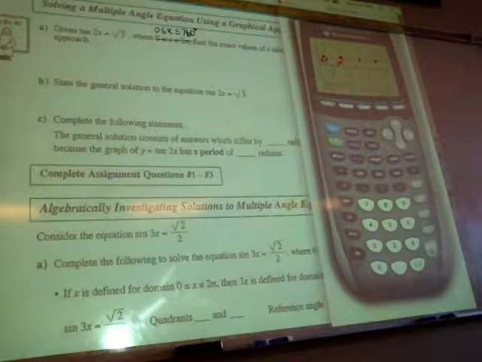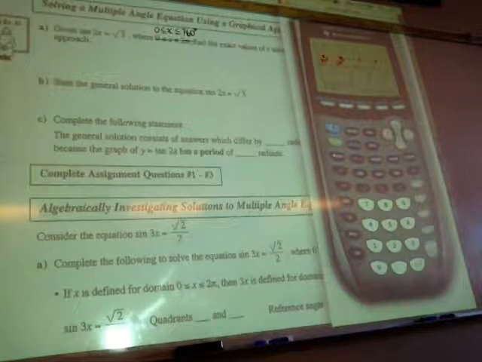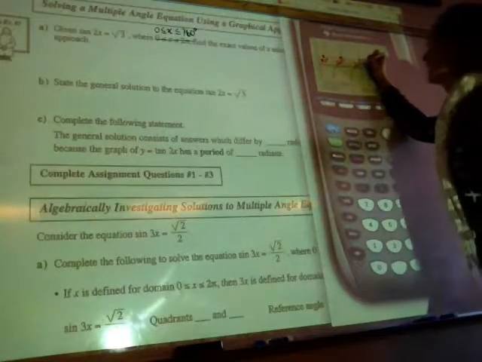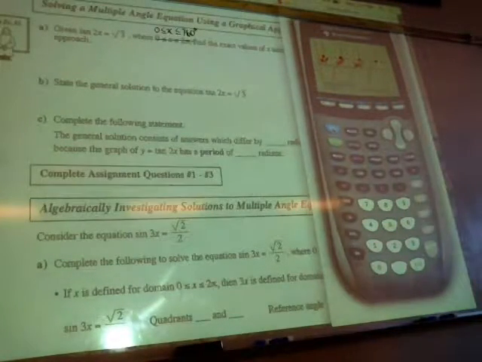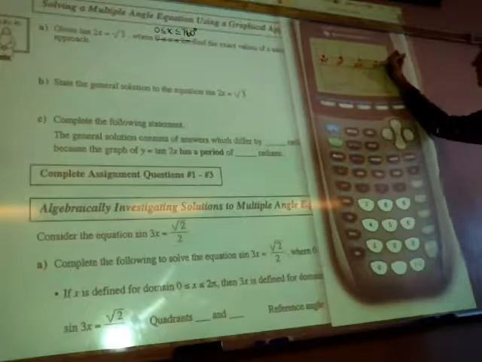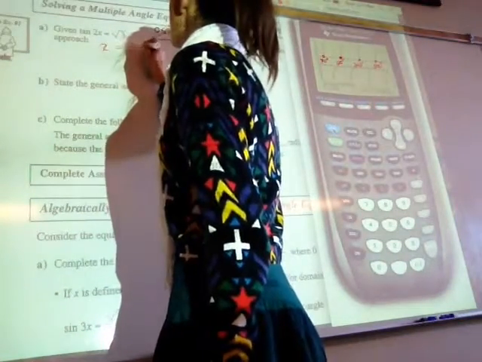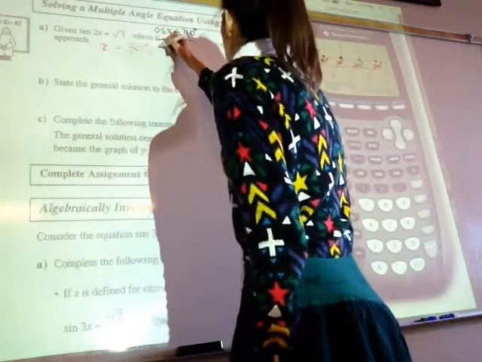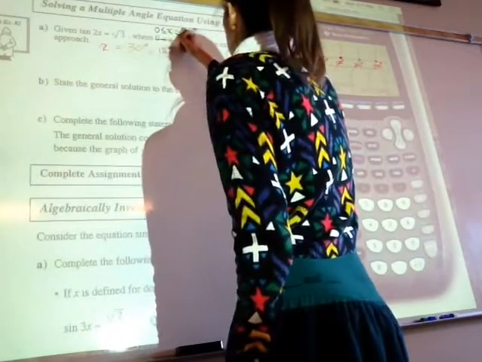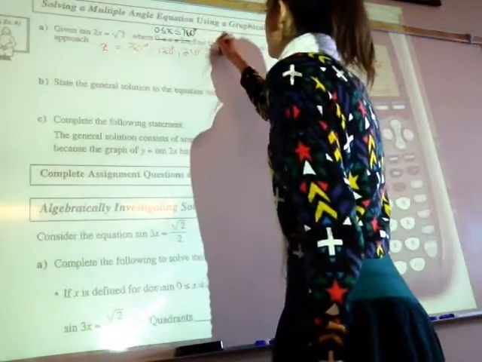Any guesses what the next one might be? 210. Yeah. And then the next one. So we have x equals 30, 120, 210, and 300.